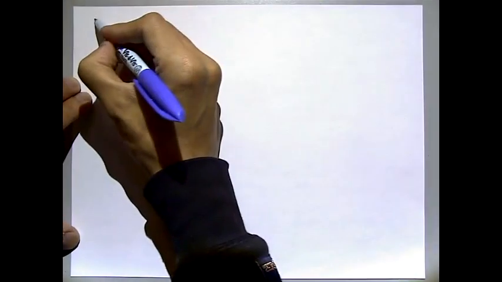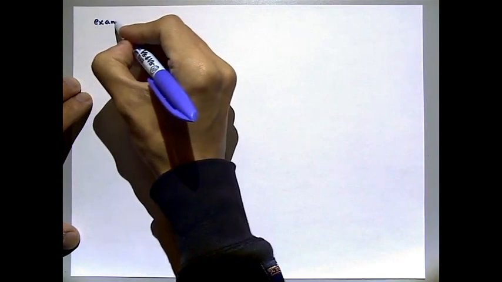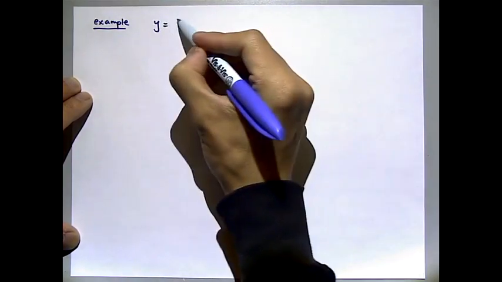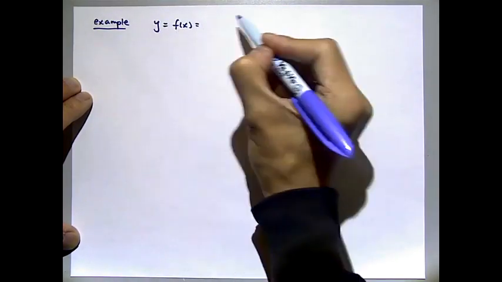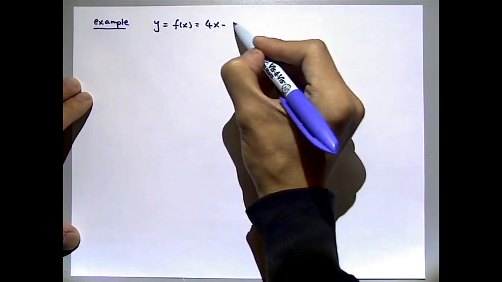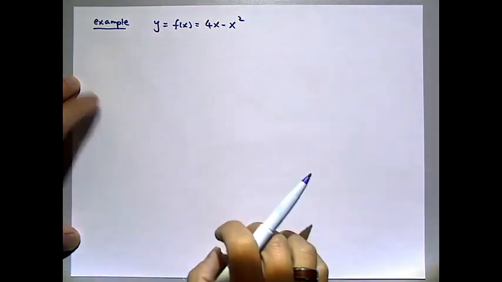Okay, let's try this on something. Let's say our function is 4x minus x squared.